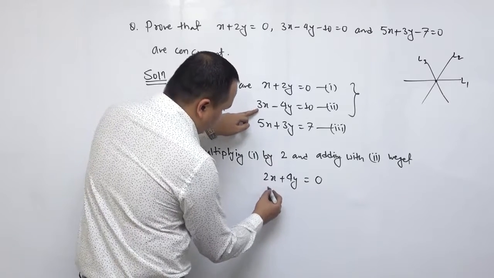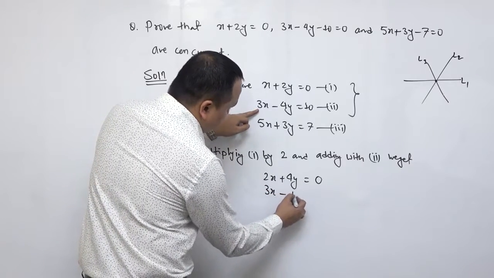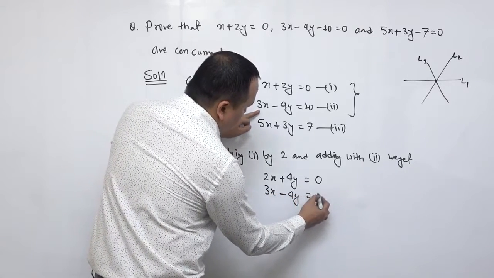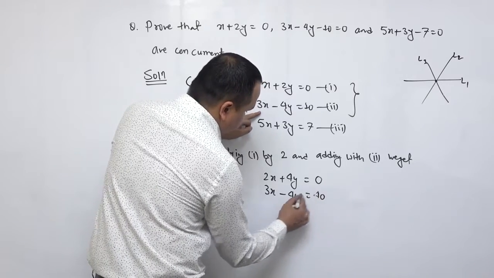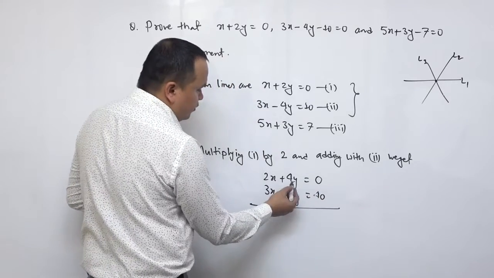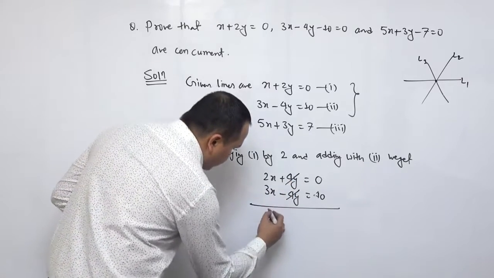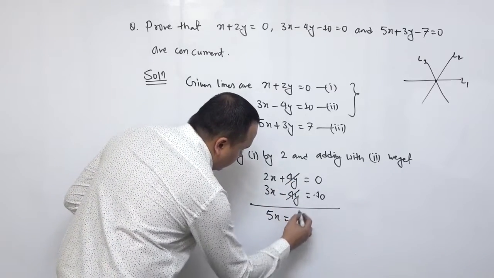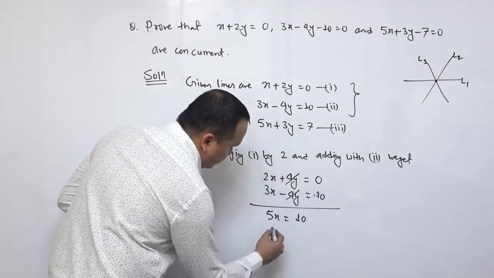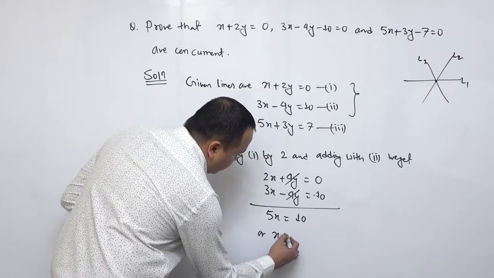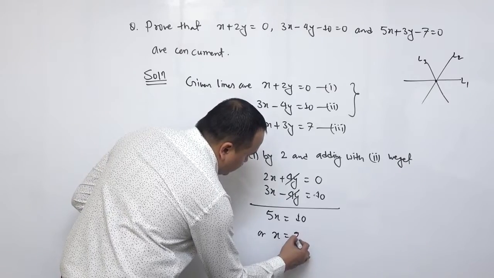Adding with II, 3x minus 4y is equal to 10. The plus 4y and minus 4y cancel. This is 5x and this is 10.